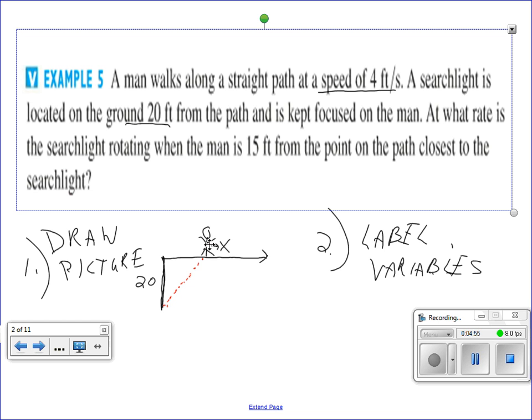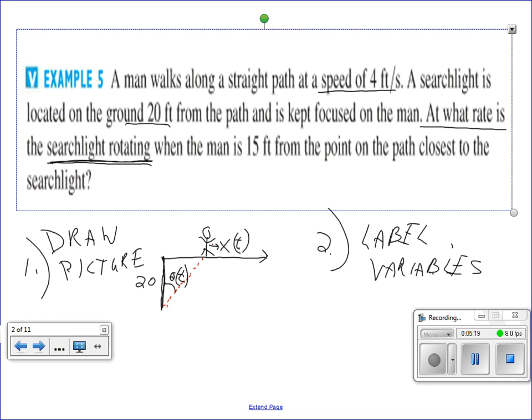They want to know at what rate the searchlight is rotating, so we want this angular rotation, theta. x of t is a function of time, and theta of t is a function of time.